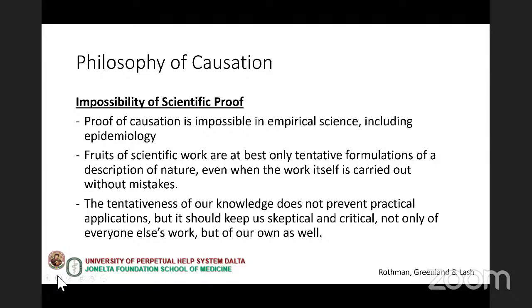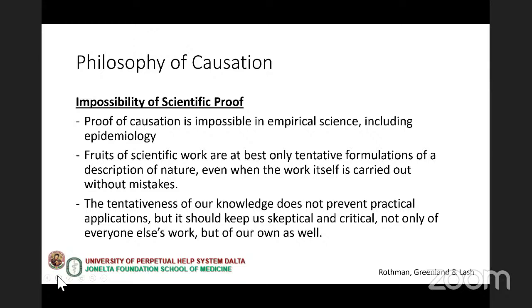So another would be the impossibility of scientific proof. So proof of causation is impossible in empirical science, and that includes epidemiology. So what are the usual fruits of research?